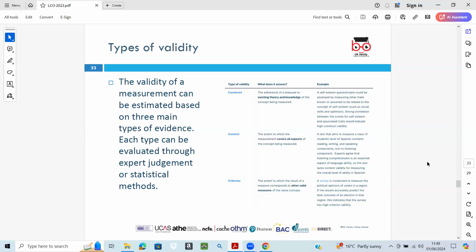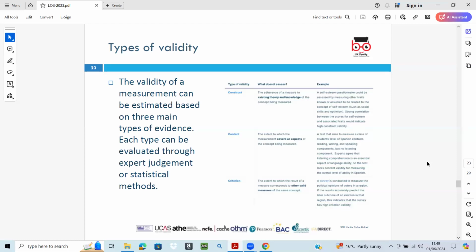And content validity can be assessed through expert judgment where subject matter experts review the items to ensure they are relevant and comprehensive. And statistical methods such as factor analysis can also be utilized to analyze the structure of the measurement tool.